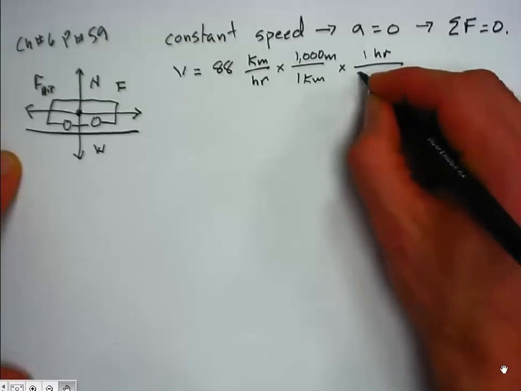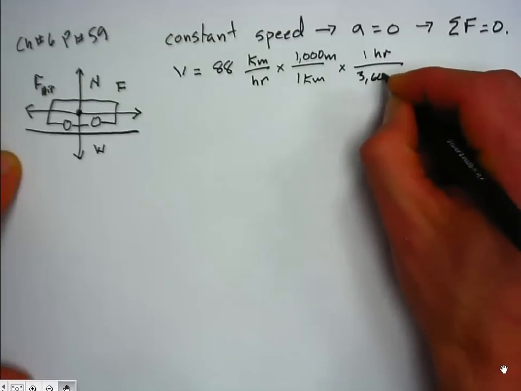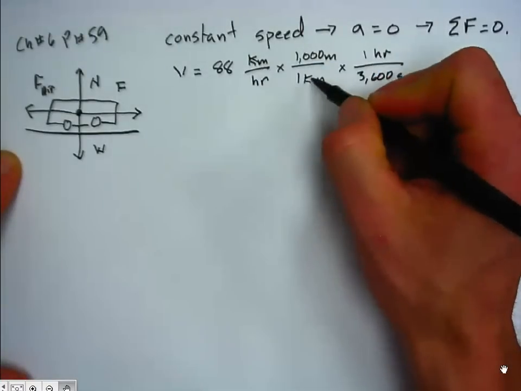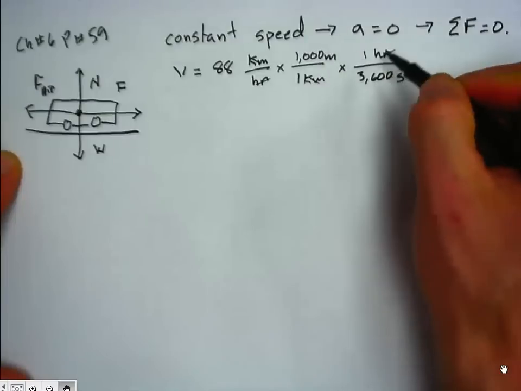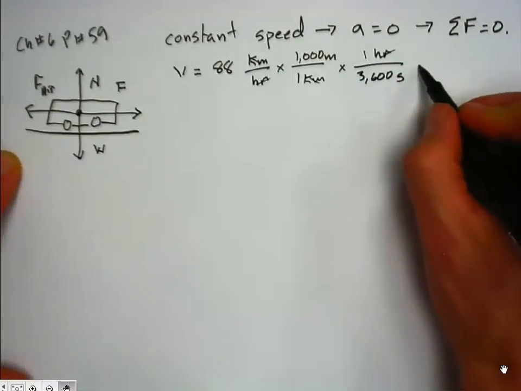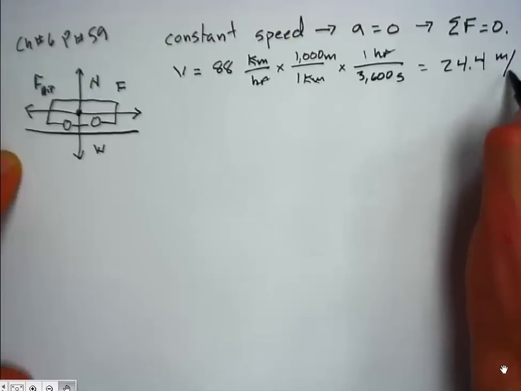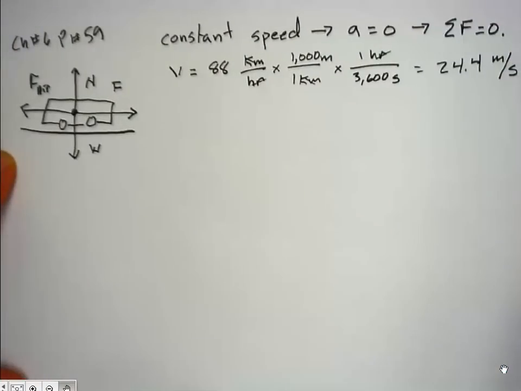And 1 hour is 3,600 seconds, right? 60 squared seconds. Kilometers cancels and hours cancels, and I'm left with meters per second, and that turns out to be 24.4 meters per second. Can never go wrong with meters and seconds and kilograms in physics, right? Okay, so we know our speed now, our nice constant speed.